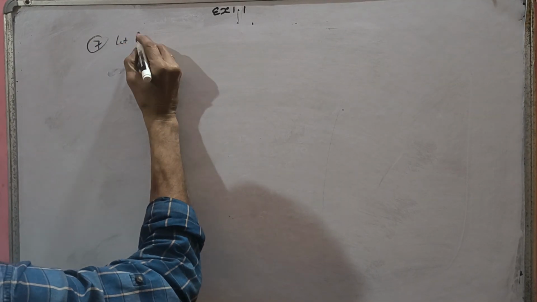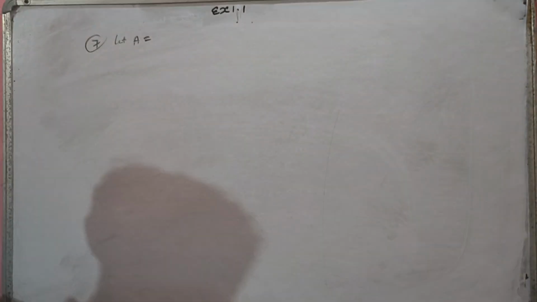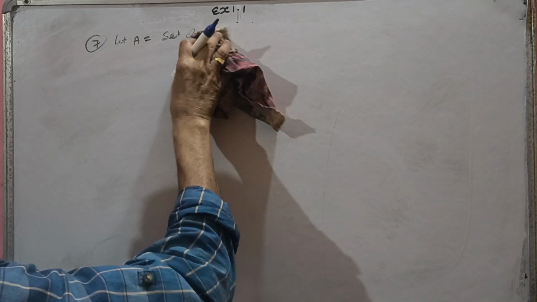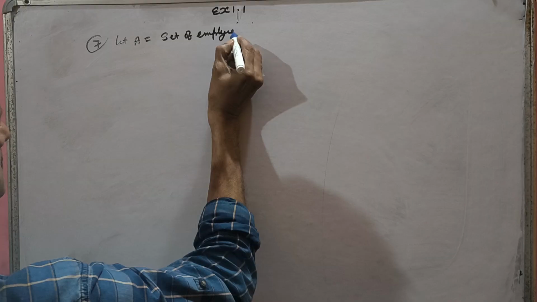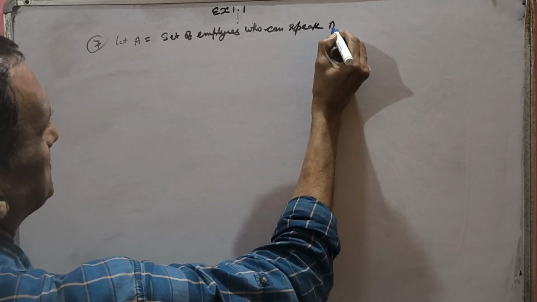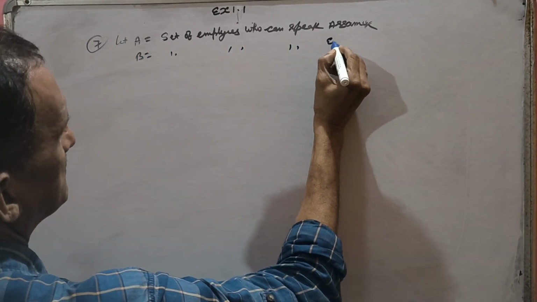Okay, number 7, let A equal the set of employees who can speak Assamese, and B equal the set of employees who can speak English.